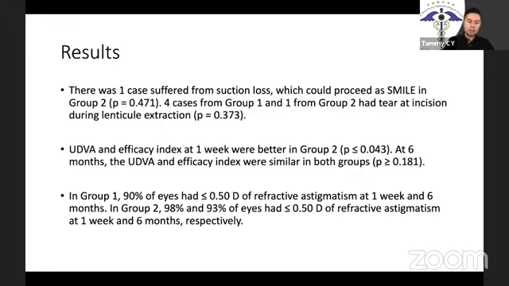In group 1, 90% of the eyes were treated within 0.5 diopter of astigmatism correction. But in group 2, a higher percentage of eyes attained within 0.5 diopter at 1 week and 6 months.